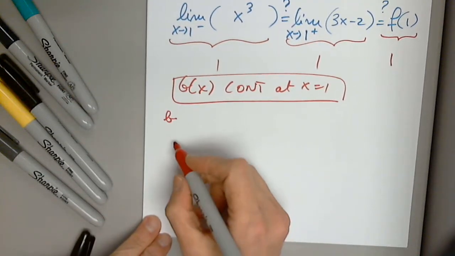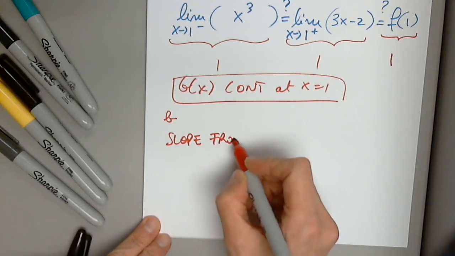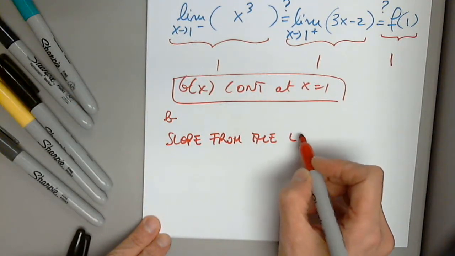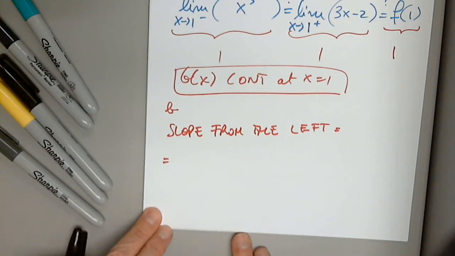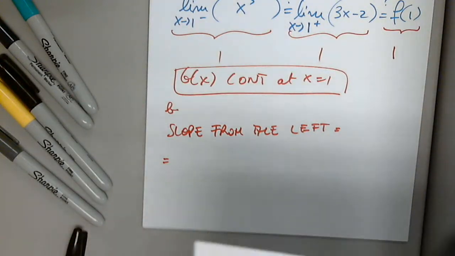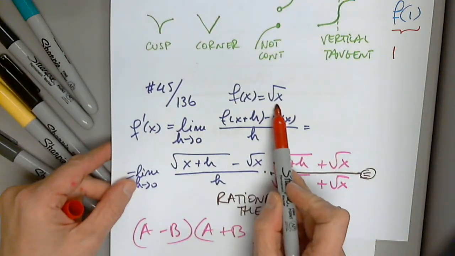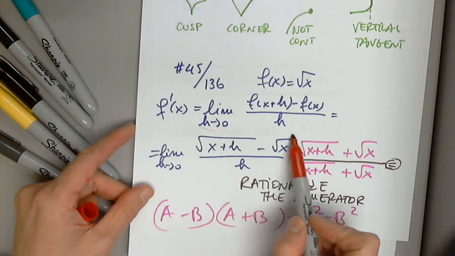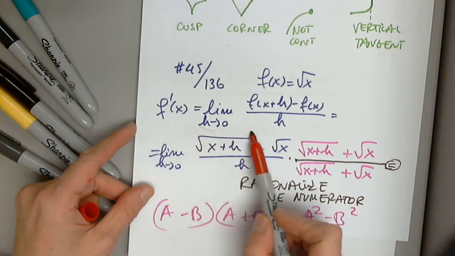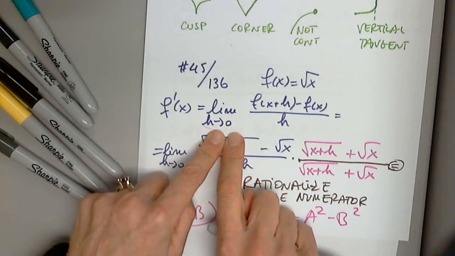How do I determine slope from the left? I know how to determine the slope from either side. This is the slope of the tangent line from either side. But how would I determine the slope of the tangent line from the left?